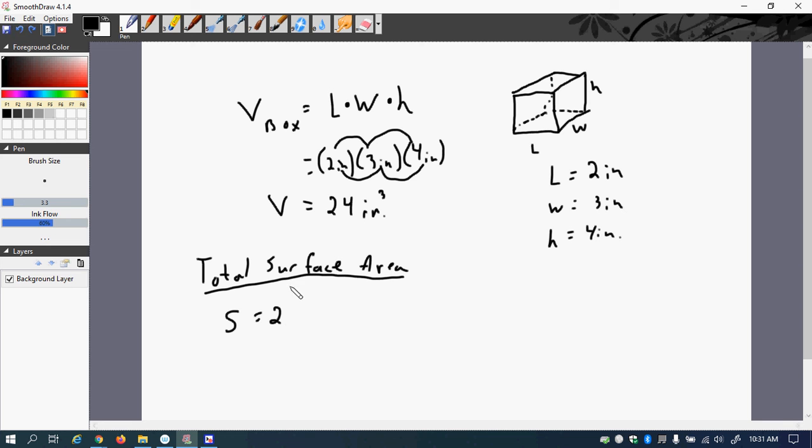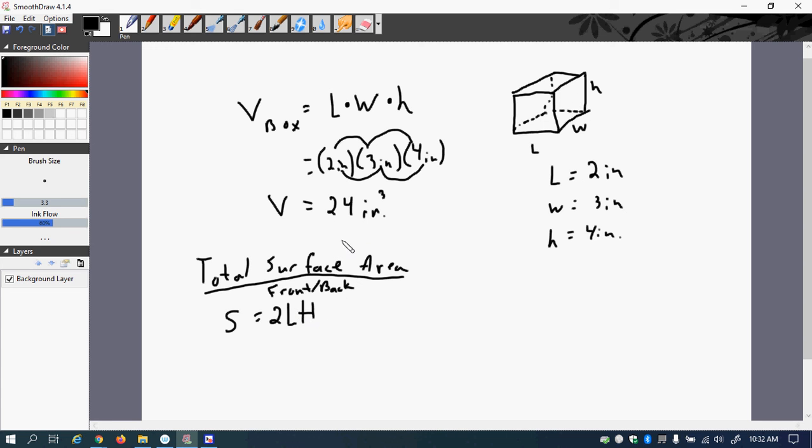I was right that surface area involves a 2, but it's about the areas. If I'm doing the front area, it's length times the height. So that's the front, the length and the height. And it's also the back, because the front and the back are identical areas.